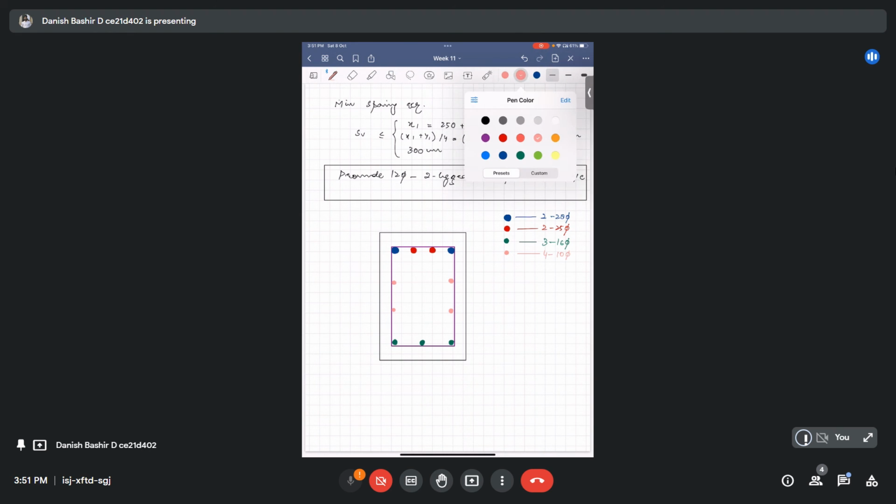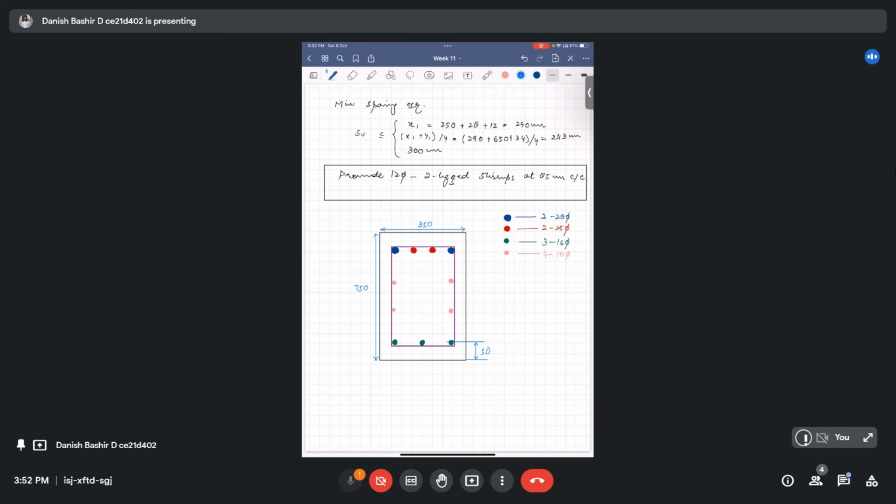And we will write the dimensions. This was 350, 350 mm. This is overall 750, and this is 50.